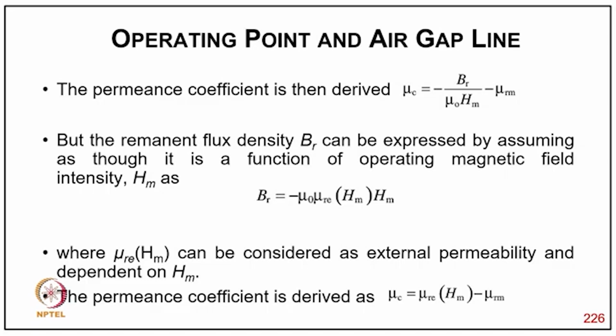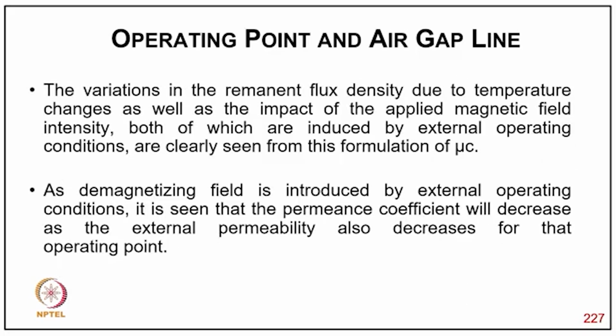But the remnant flux density Br can be expressed as a function of the operating field intensity Hm, as Br equals minus mu 0 mu Re(Hm) into Hm, where mu Re(Hm) can be considered as the external permeability dependent on Hm. The permeance coefficient is derived as mu c equals mu Re(Hm) minus mu Rm.